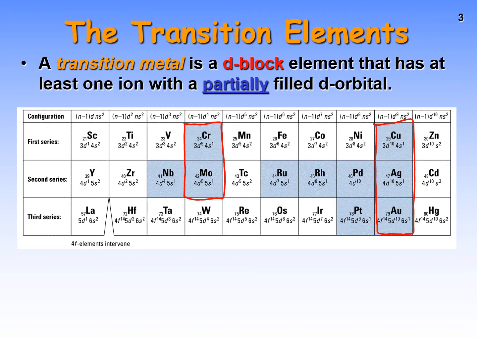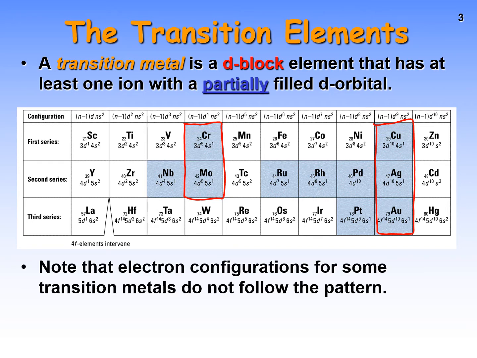There are more, technically 5 more, but you should know at least chromium, molybdenum, copper, silver, and gold's exceptions to the normal filling rules for electron configurations. Again, this should have been covered in Chem 1A, but if you're rusty on your electron configurations, then go back and review. If you have any questions, just let me know.